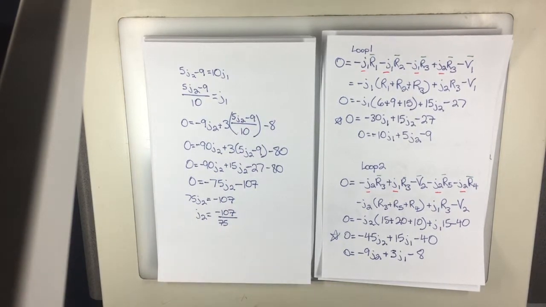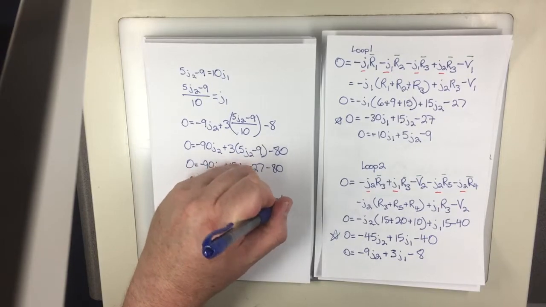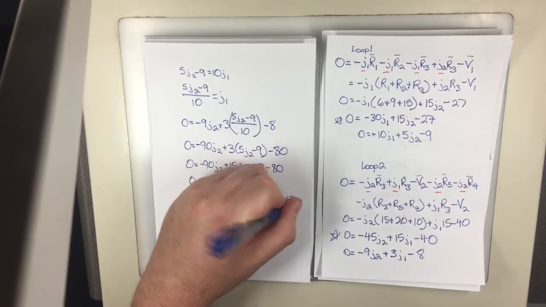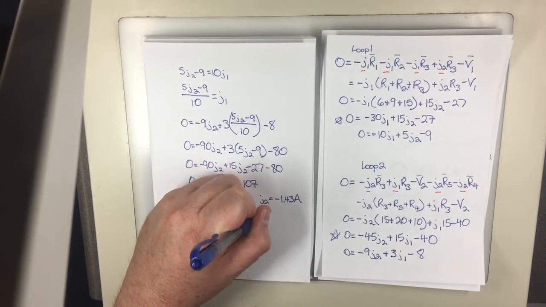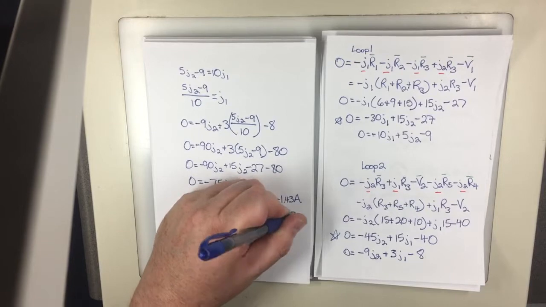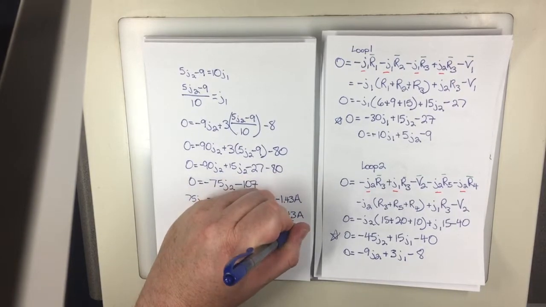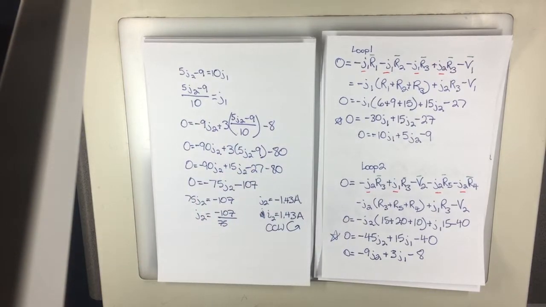To give a final answer, J2 is negative 1.43 amps and I2 is 1.43 amps counterclockwise. And that's the value of J2 and I2.